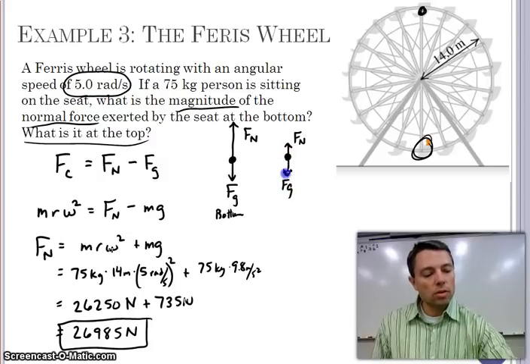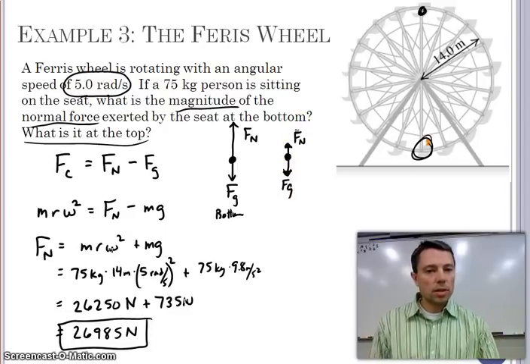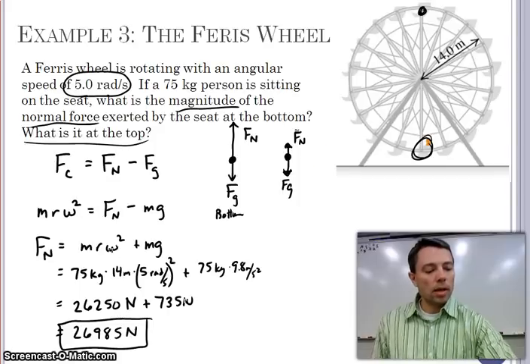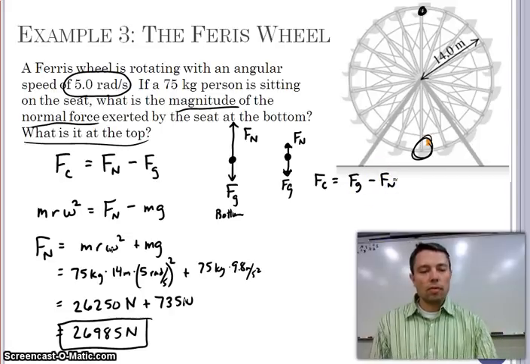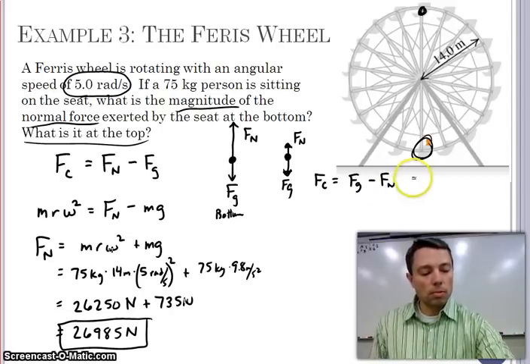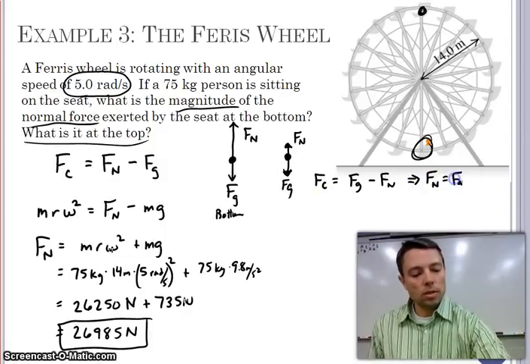So my net force acting towards the center is going to be the F of G minus the F of N. Okay, so I'm going to do basically the same thing that I did in the problem before, except now my centripetal force is equal to my force of gravity minus my force normal. Now, if I want to get my force normal, I rearrange my equation so that force normal is now equal to Fg minus Fc.